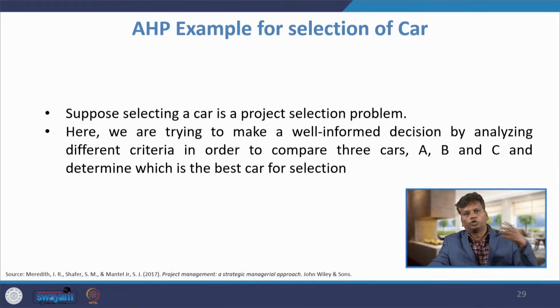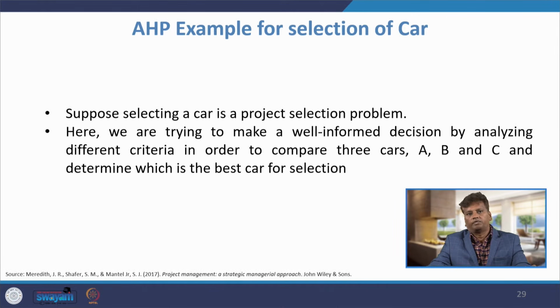Now, I have assumed that you have a project. That project is selecting a car. You are going to use the AHP method to select a car by considering certain criteria.